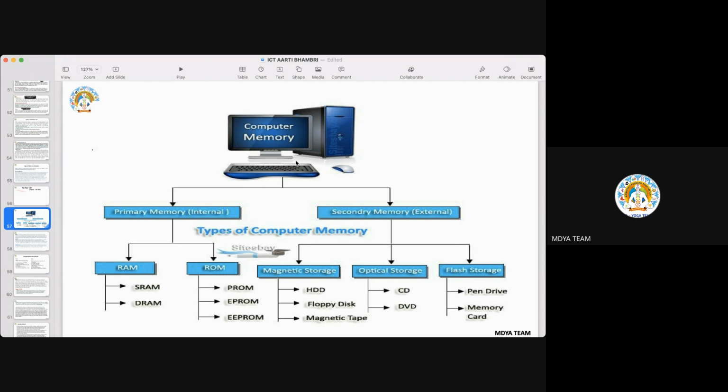That's why it is called permanent memory. PROM means programmable ROM, EPROM is erasable programmable ROM, and EEPROM is electrically erasable programmable ROM.